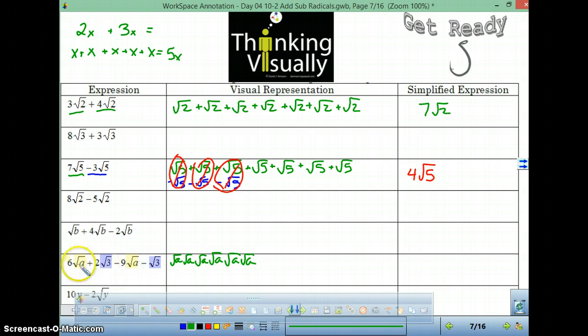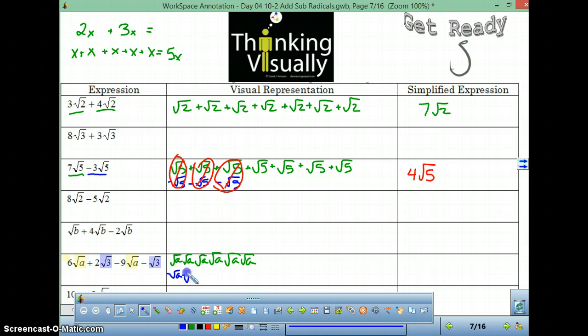Now look, I'm going to put the negative 9 root a's next to the positive root a's. We'll use blue for those. So we've got, how many do I need? 9 of these.